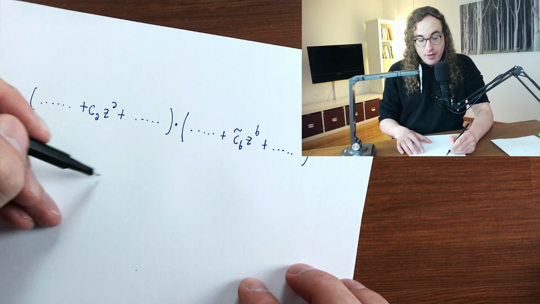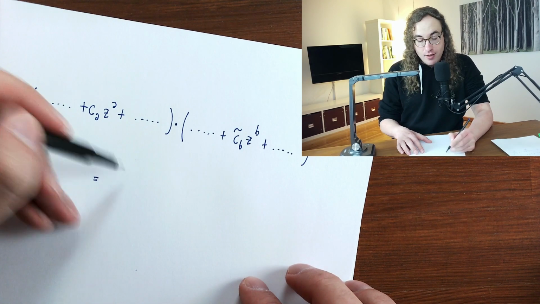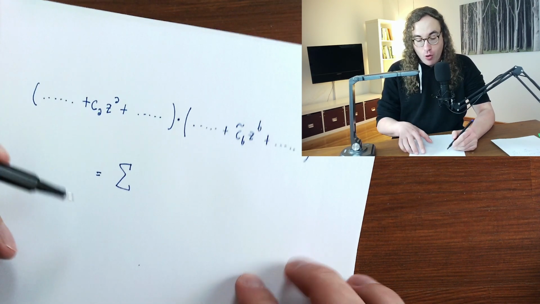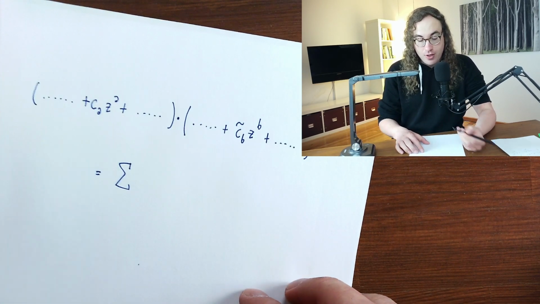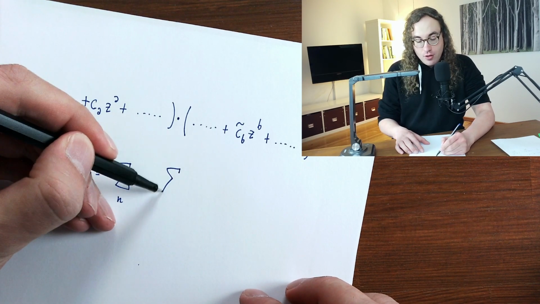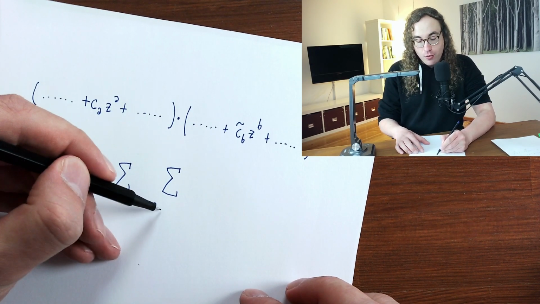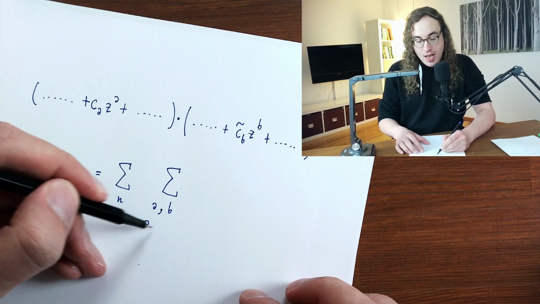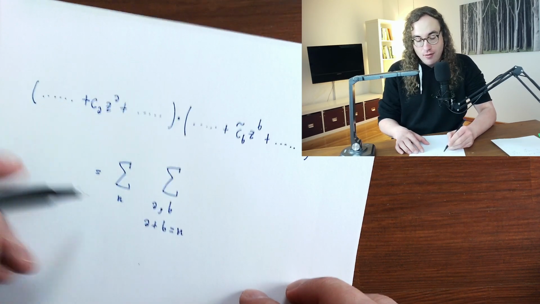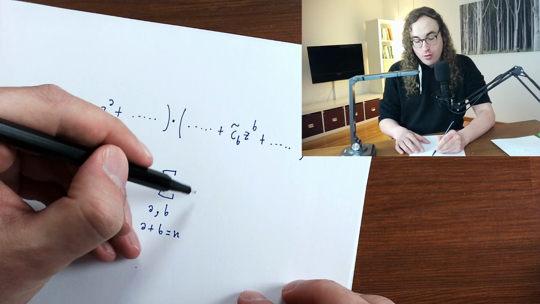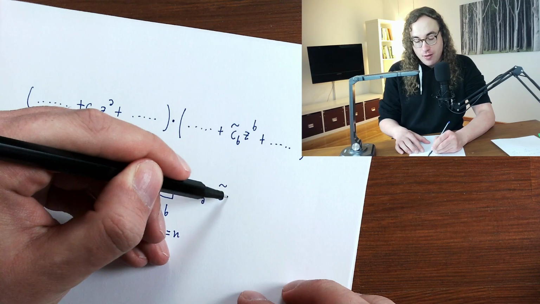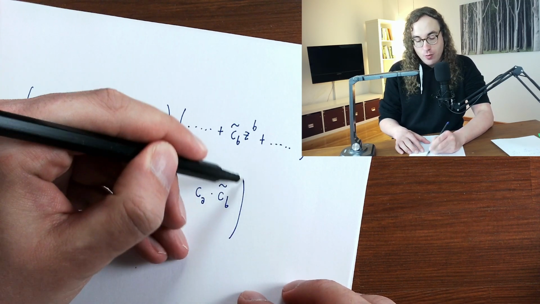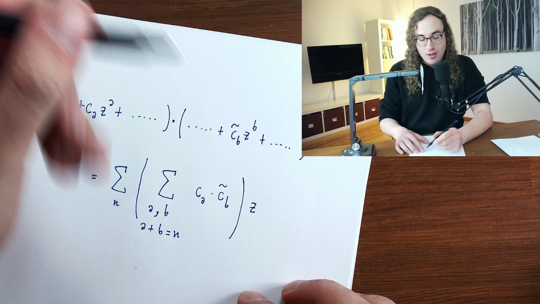And when I expand this, what I get will actually be the sum over all the pairs of exponents which add up to some fixed value n. So I'll get the polynomial in all the degrees. I run through all values a, b, such that a plus b is the same value n, and I get the coefficient c_a times c tilde b, and this will be the coefficient for z to the n.